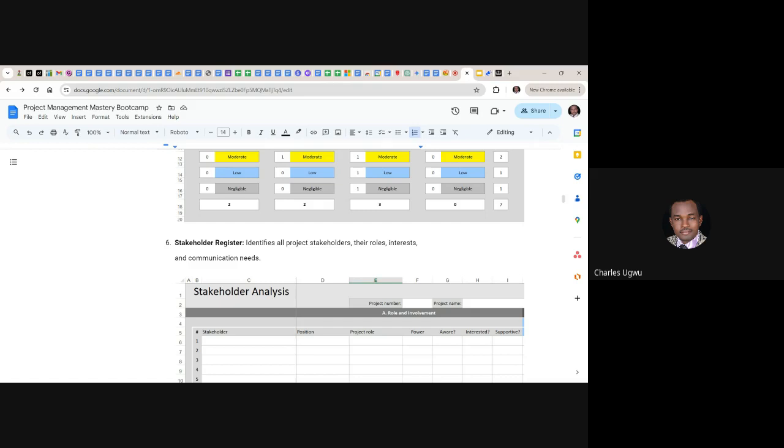They can come to your site and just seal up your site for 1 month. If your project is meant to be a 6 month project and the health and safety officers have sealed your site for 1 month, that is a very big impact on your project. So this kind of people, you need to understand them and give them what they want.